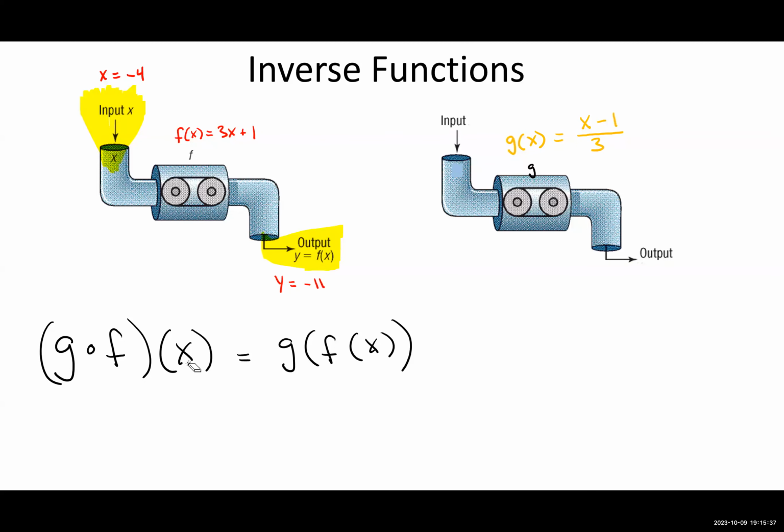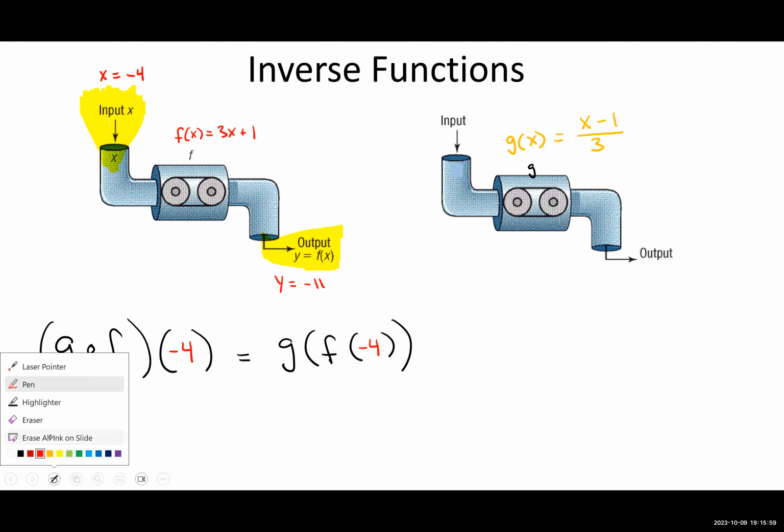Well, you know what? Let's not do x. Let's use the number that we're working with, -4. Right, g of f of -4. And we already know what f of -4 is. That's what we did over here on the right. We got y equals -11 as our output. So f of -4 is -11.